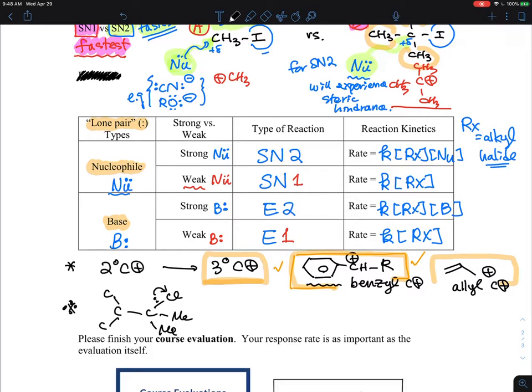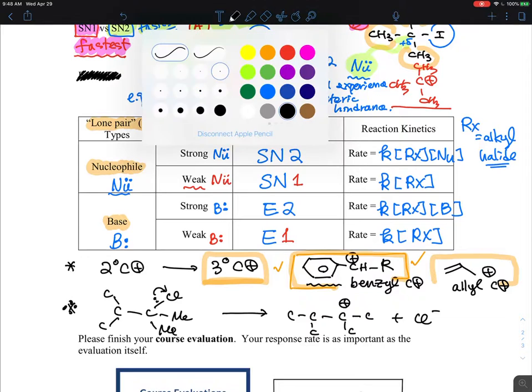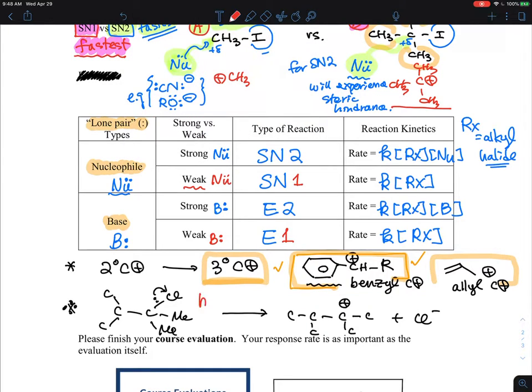If I do that, once again they develop this tertiary carbocation, and chlorine minus. From the perspective of just this step alone, you can call this reaction heterolysis.